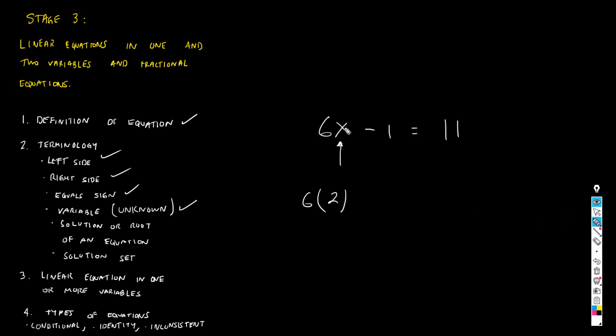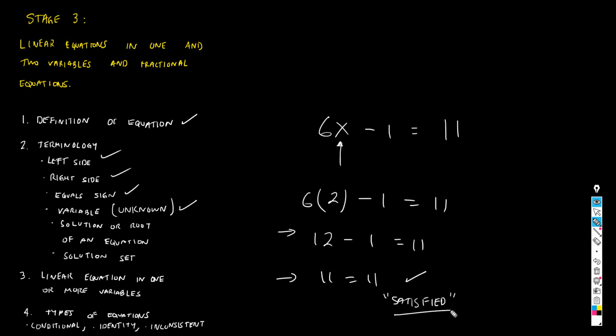If I give x the value of 2, we can see that we get this, right? And so my equation is satisfied. We say this in mathematics, satisfied. When I give x the value of 2, my equation is satisfied.